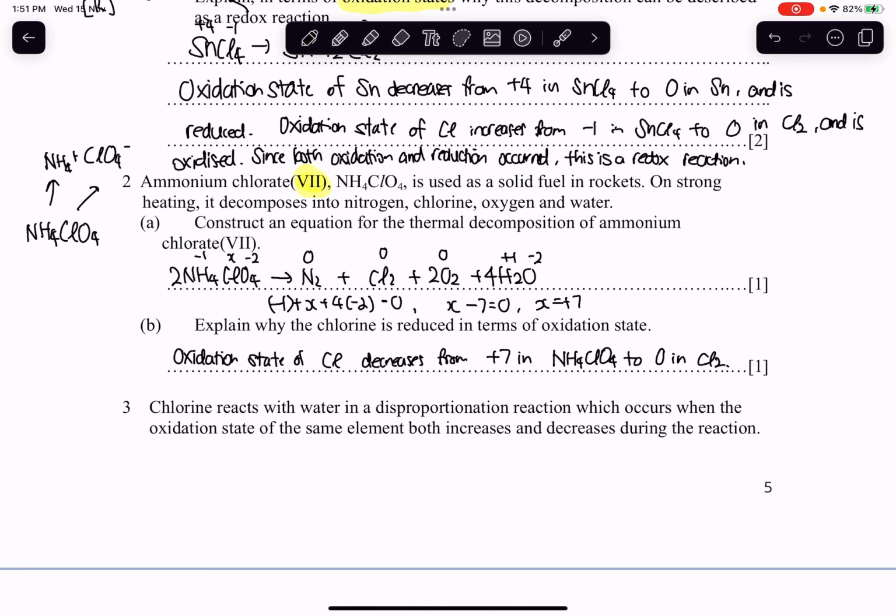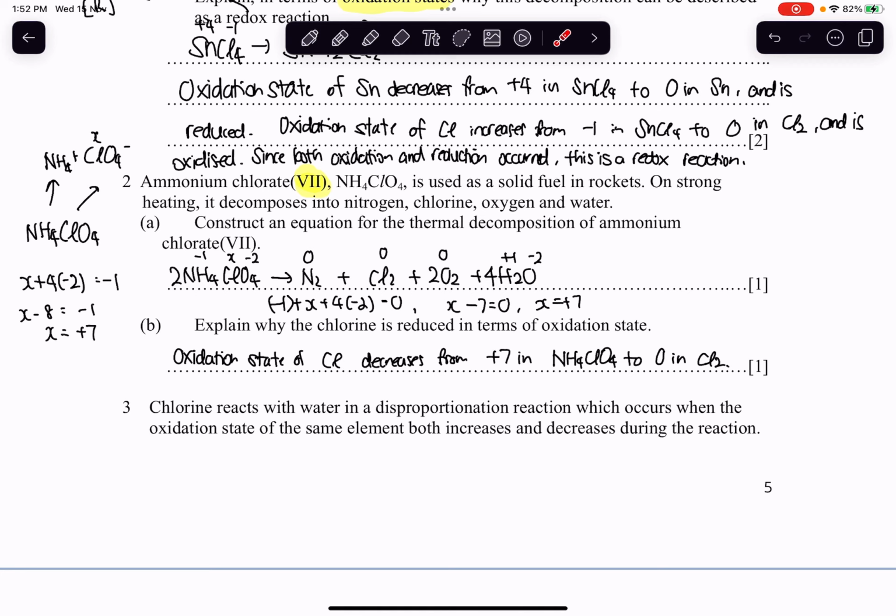Then you let the OS of chlorine be x, so x plus 4 times minus 2 gives you minus 1, x minus 8 equals minus 1, x equals plus 7. So this is just a simple way to double check what the question is referring to. In this case, the 7 is not referring to the charge of the chlorate ion, but rather the chlorine atom. So you can always double check by calculating.